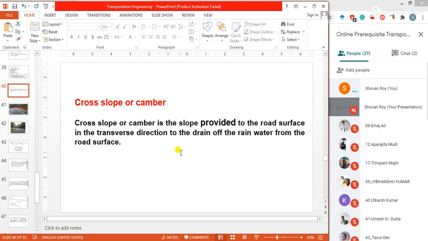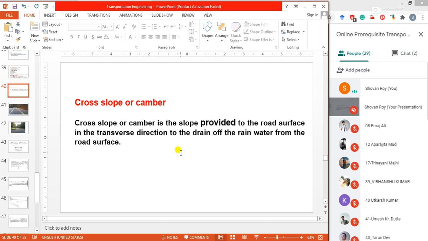Number 2, to prevent the entry of water into the bituminous pavement layers, as continued contact with water causes stripping of bitumen. Bitumen can be stripped from the coarse material or other materials, because bitumen is a binding material which is normally used for binding the coarse aggregates and fine aggregates used for road construction.